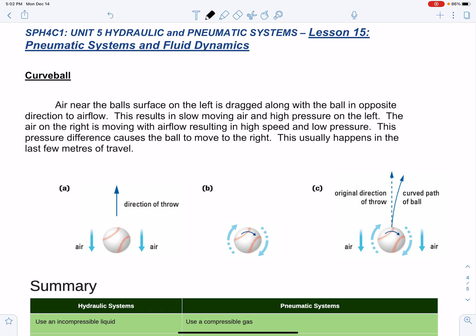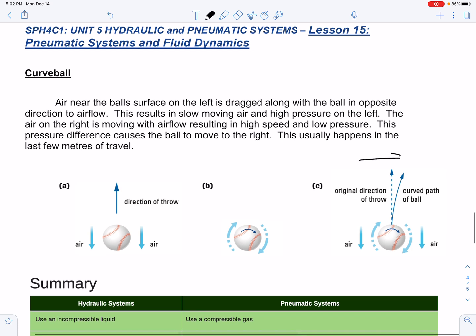On the right-hand side, we have high speed and low pressure. This causes the baseball to curve, taking this path from high pressure on this side to low pressure on this side.